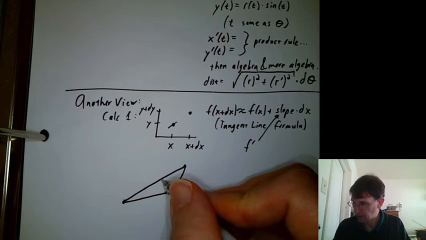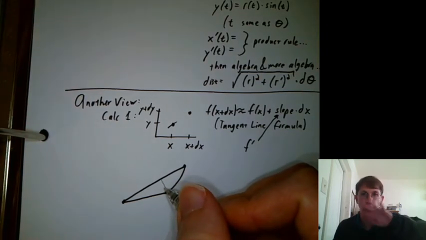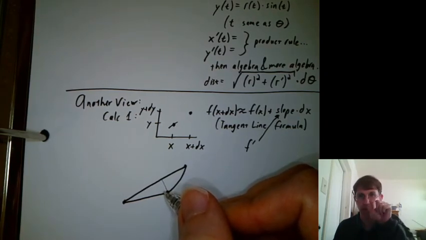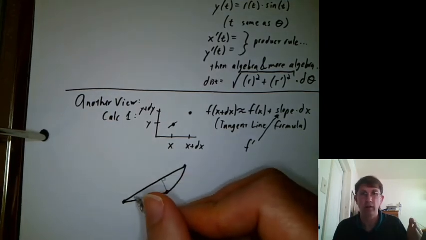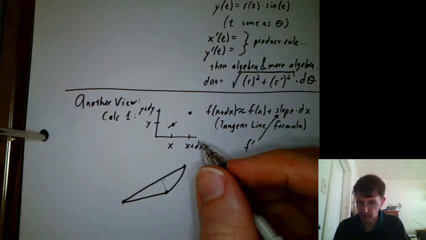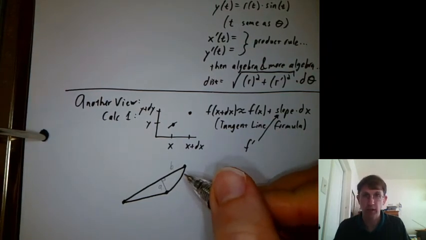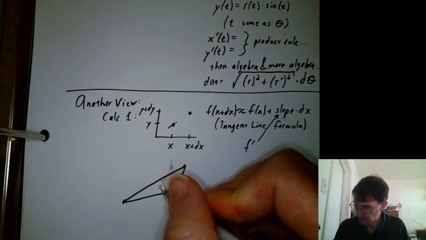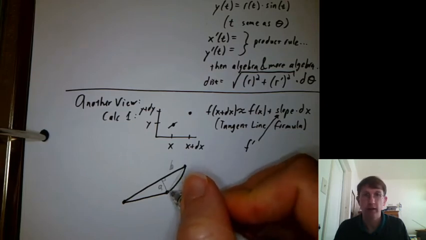Since this is part of a circle, we could say a straight line, it's not going to matter too much as long as it's small. It's basically at a right angle to a ray coming up from the origin. Let's call this length A and this length B. What can we say about A and B and then the length of the line connecting them?